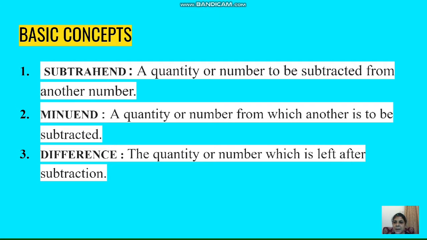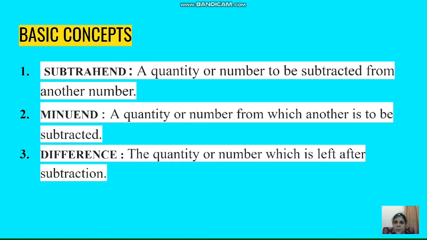Let us now understand the term minuend. Now minuend is a quantity or number from which another is to be subtracted. Here minuend obviously will become the greater number from which we will be taking away subtrahend, or the smaller number, and get the answer.